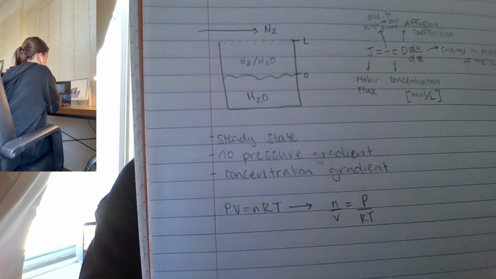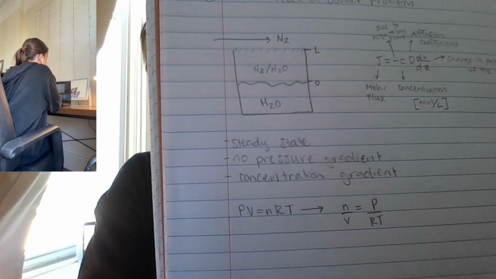So we can rearrange this equation to be moles per liter, aka N over V, which is going to be equal to P over RT. So we just divided by the volume, and now we have the moles over liter, or N over V, equals P over RT. P is our pressure, R is our gas constant, and T will be our temperature.